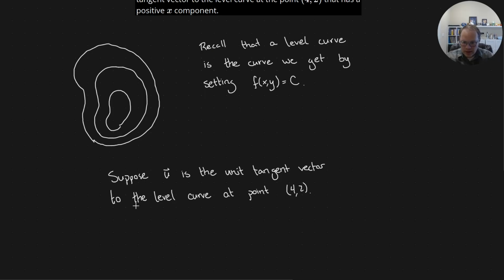Okay, then let's look at the directional derivative in that direction. So this would be the gradient of f, which I haven't found yet, but we could find that in a moment, dotted with this vector u, and I've already assumed it's a unit vector, so I don't have to normalize it. It already has length 1.